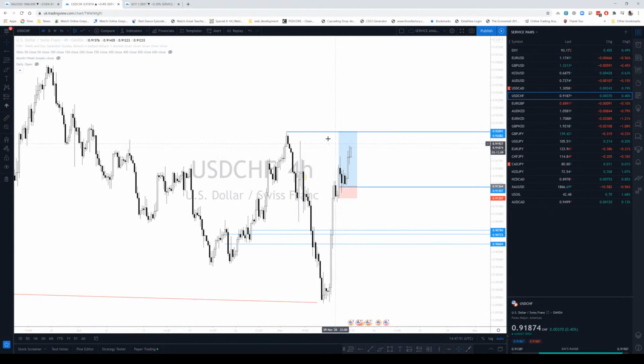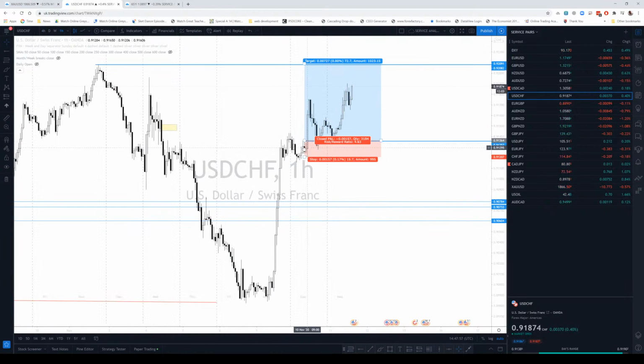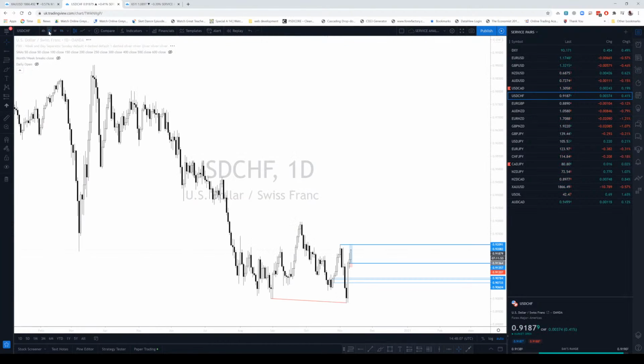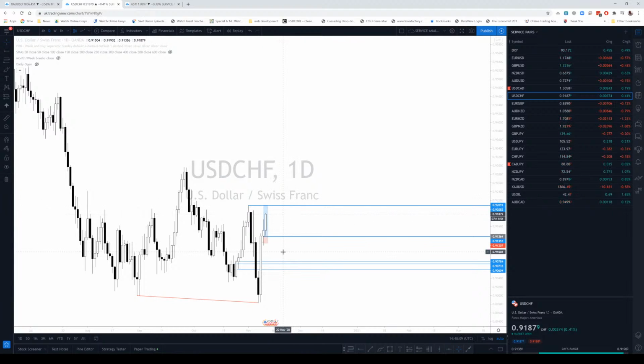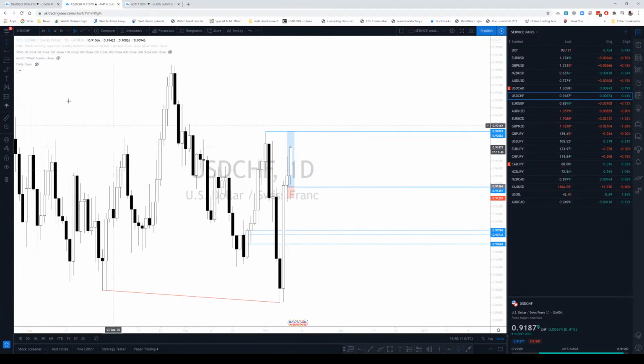Okay, dollar Swiss is all the way up here, almost taking out this equal high, and I did give this to our members yesterday to look for the buy to take out this high. And I think Monday I also did give that, look for this high to be taken after it's gone above the 50%.